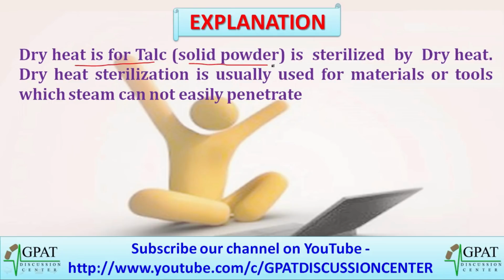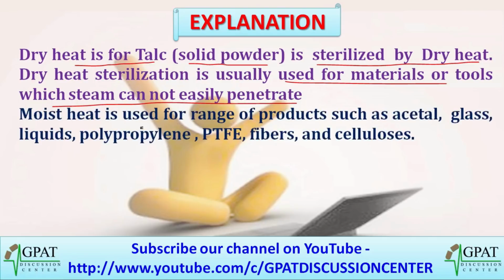Dry heat sterilization is usually used for materials or tools in which steam cannot easily penetrate, whereas moist heat is used for a range of products such as acetal, glass, liquids, polypropylene, PTFE fibers and cellulose.